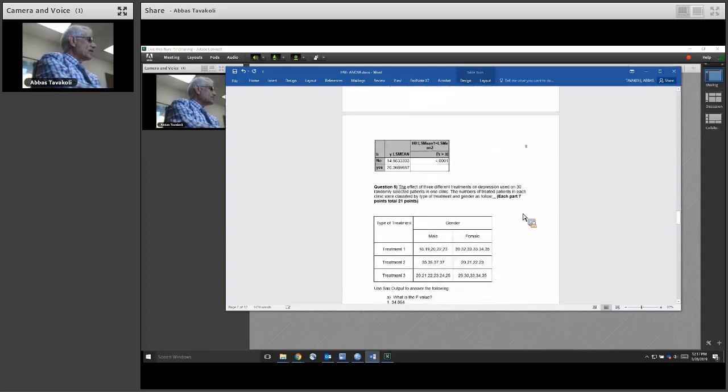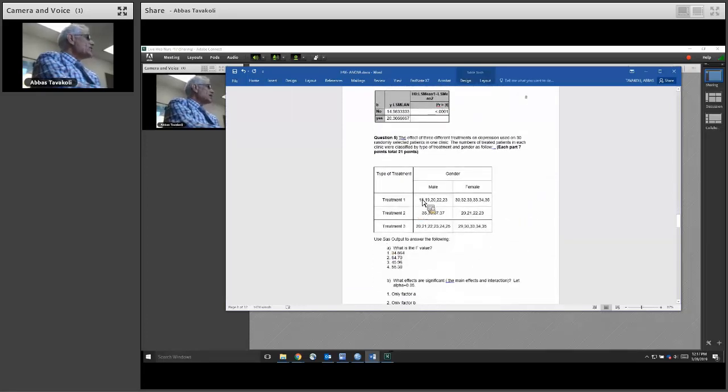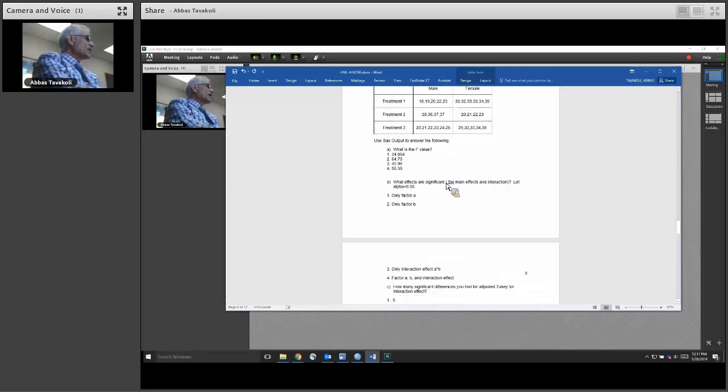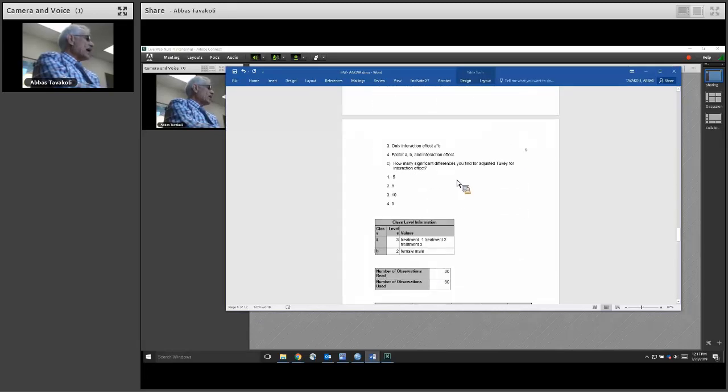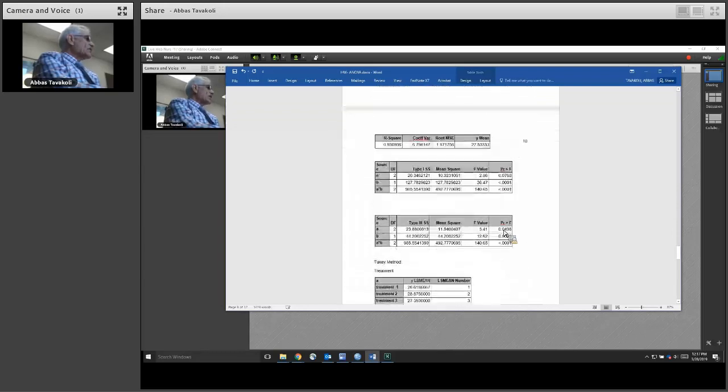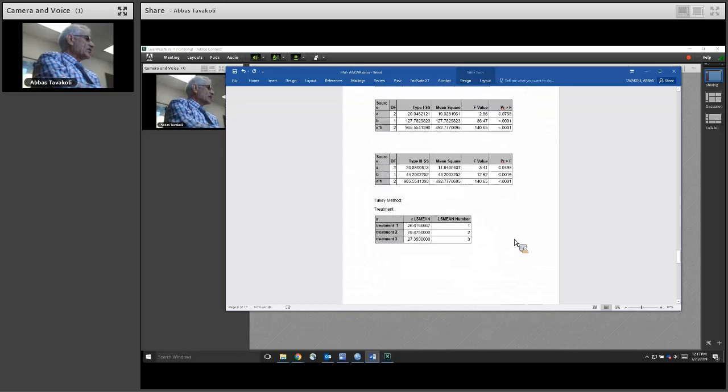The next question, we have 1 factor, treatment with 3 levels, and gender with 2 levels, so your design is 3 by 2, and your outcome is depression. The same question I'm asking: find the F value, and which effects are significant.